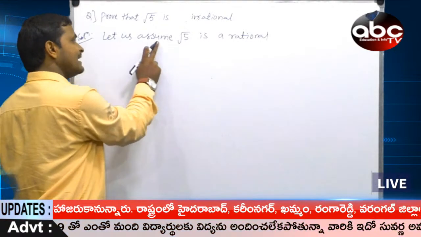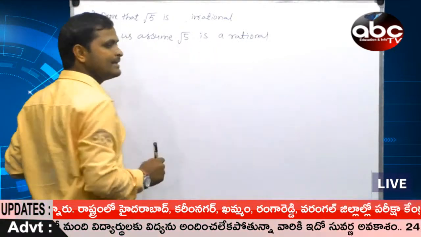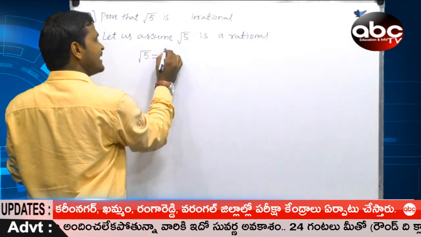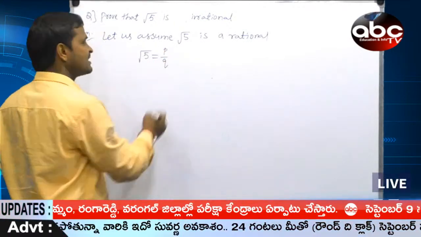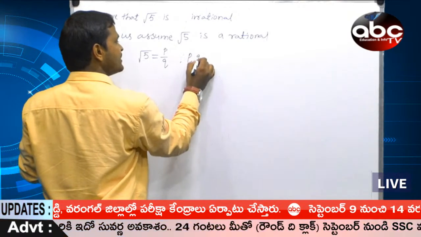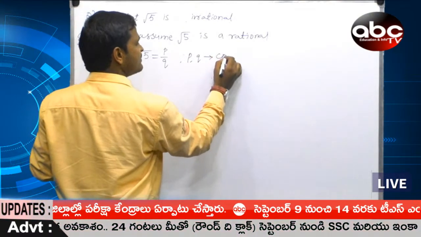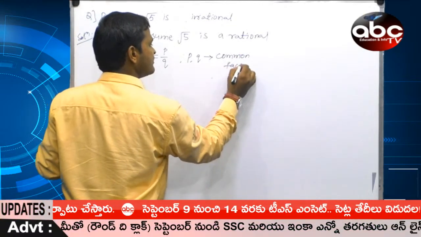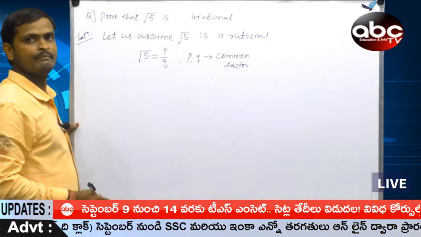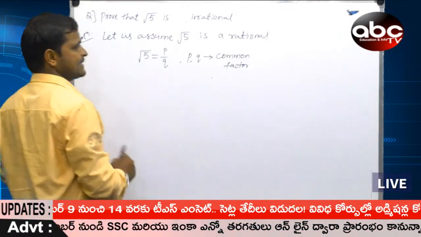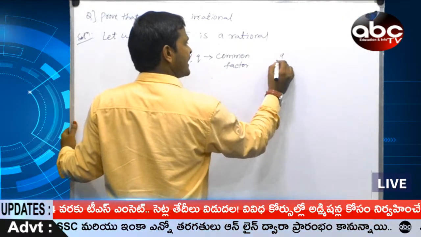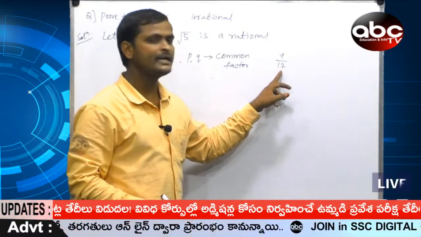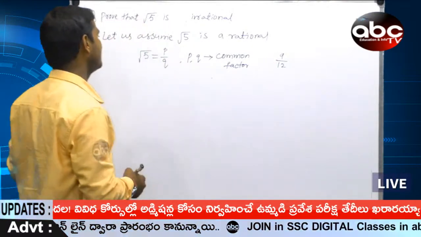Then root 5 is equal to p by q, where p and q have a common factor. For example, take 9 by 12. Which is the common factor here? 3 is common.